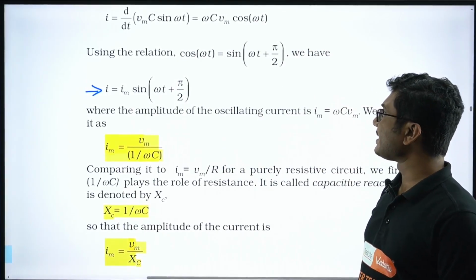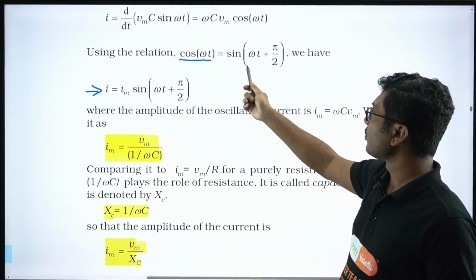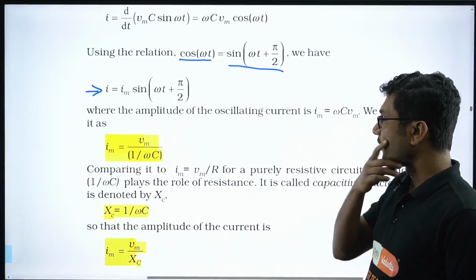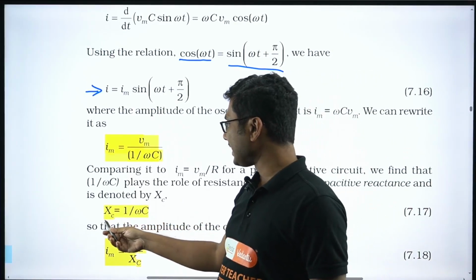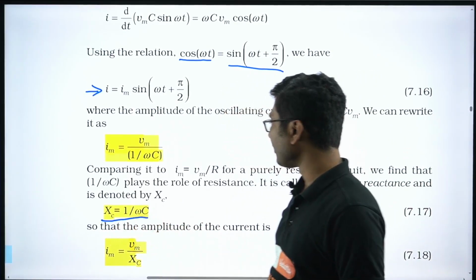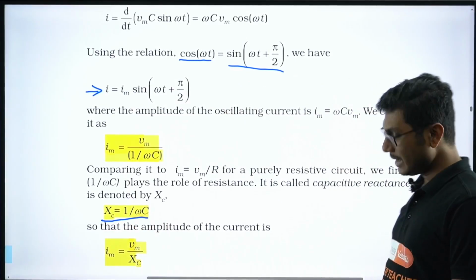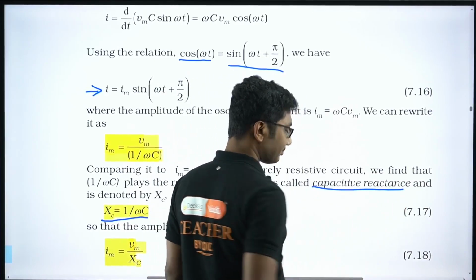Now in this case, as you can see, the formula was only cos omega t. So cos omega t can be written as sin(omega t plus pi by 2), and after doing everything we have found one more quantity, Xc. Xc is given by 1 by omega C, and that is called capacitive reactance. This is another important term, capacitive reactance.